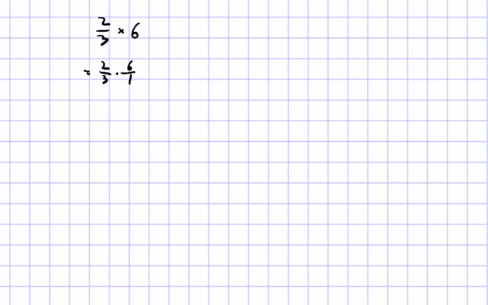Now we're allowed to do things in a lot of orders. So let's consider a couple possibilities. We could take 2 times 6 and then group those together, associate those, and divide by 3. And that would be 12 divided by 3, which we know is 4.